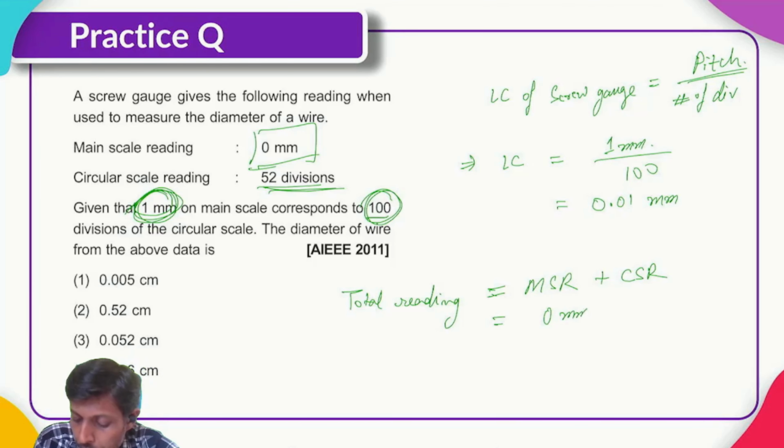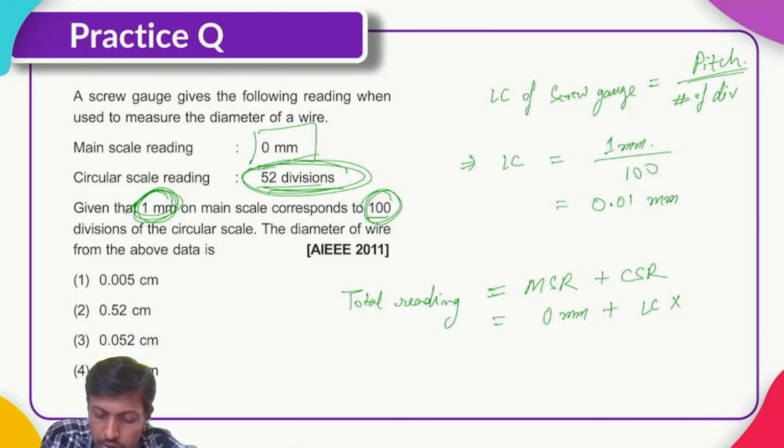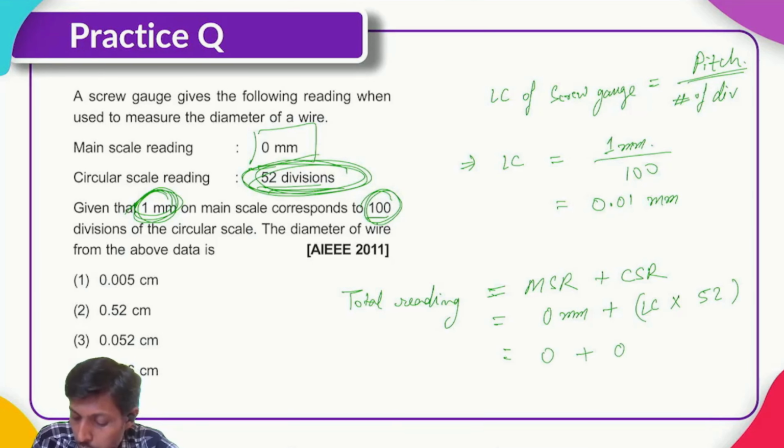Circular scale reading is the least count multiplied by the number of the division which is coinciding, so 52 in this case. So 0 plus least count 0.01 into 52. These many millimeters, right? So this is 0.52 millimeters. That's your answer.